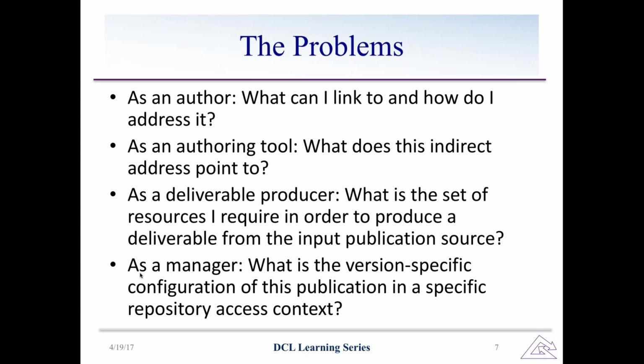I'll talk more about what I mean by repository access context. But basically, am I going to be delivering the correct content for whatever the current needs are based on how I'm accessing it out of my content management system?